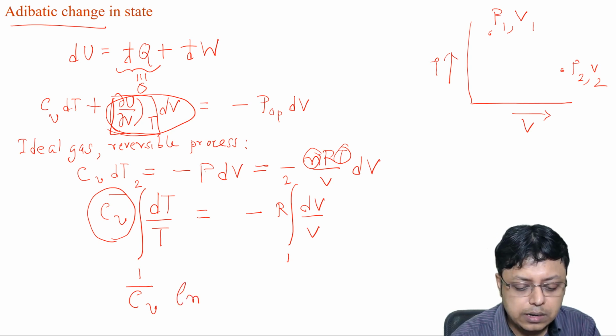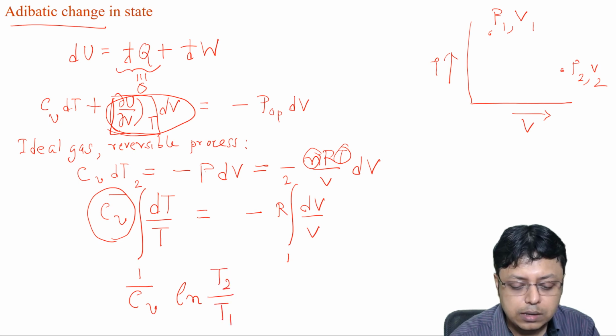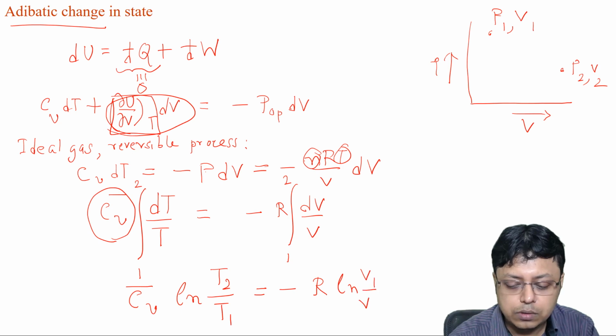So the integral is nothing but ln T2 by T1 is equal to minus R ln V2 by V1. Now we can use this minus sign.